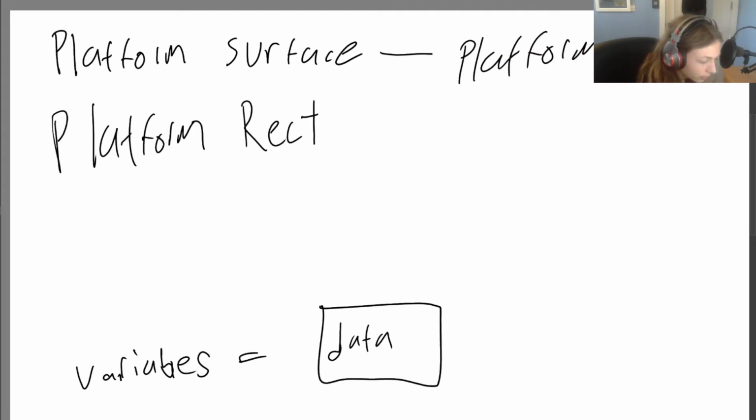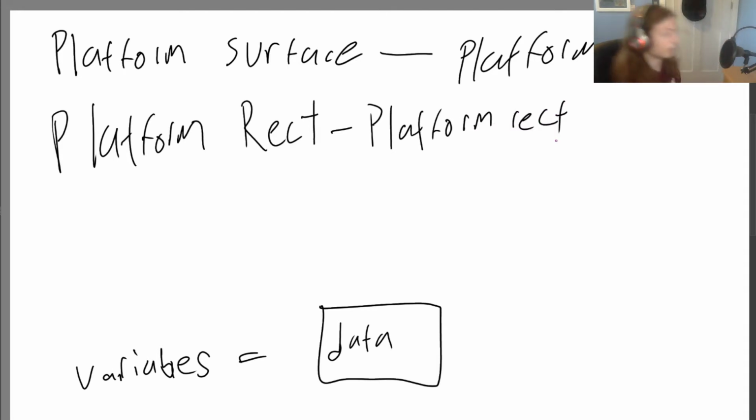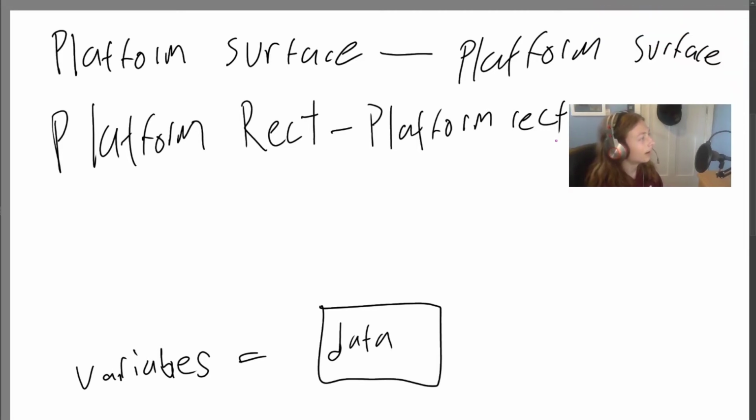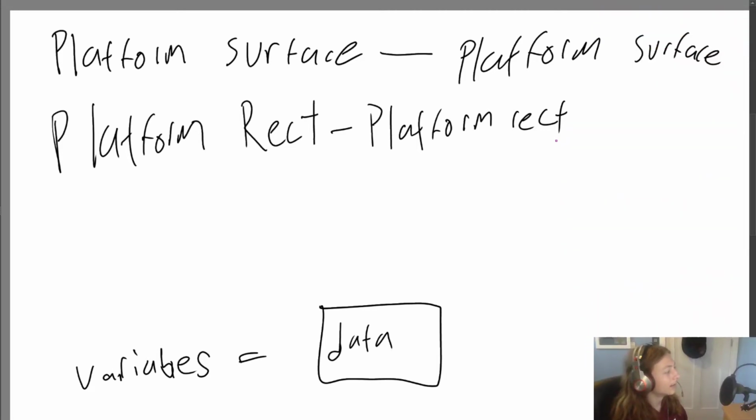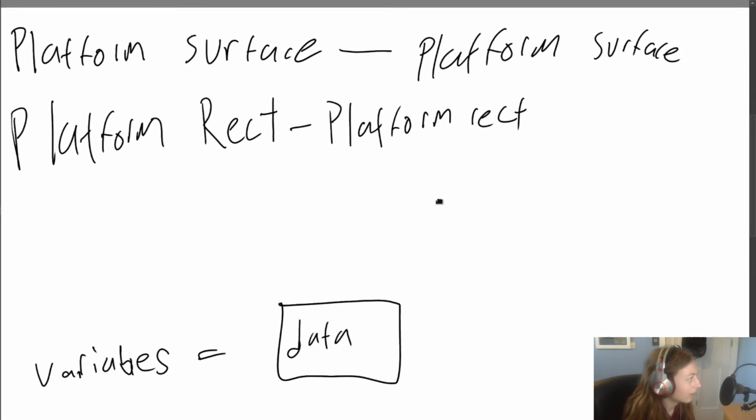Right now, our platform surface variable is containing the surface that is our platform, and our platform rect is containing our platform rect.